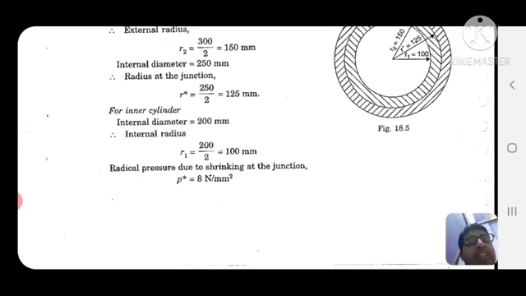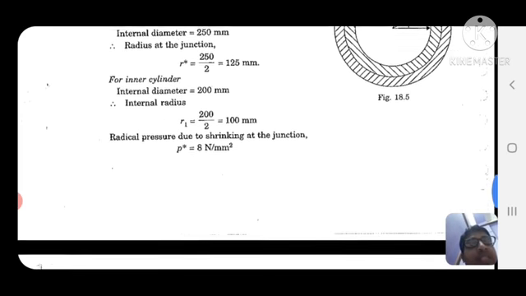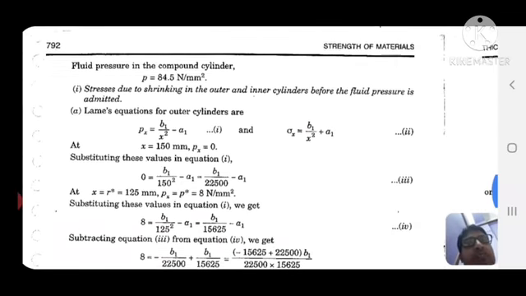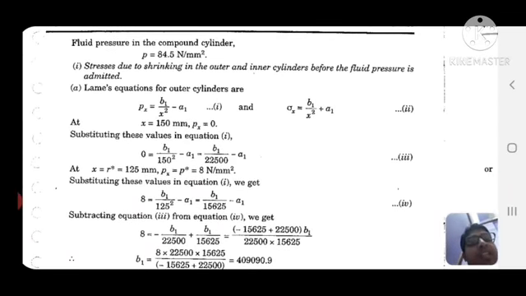For the inner cylinder, internal diameter is equal to 200 millimeter. Internal radius R1 is 200 by 2, so that is equal to 100 millimeter. Radial pressure due to shrinking at the junction is equal to 8 Newton per millimeter square. Now, fluid pressure in the compound cylinder P is equal to 84.5 Newton per millimeter square.